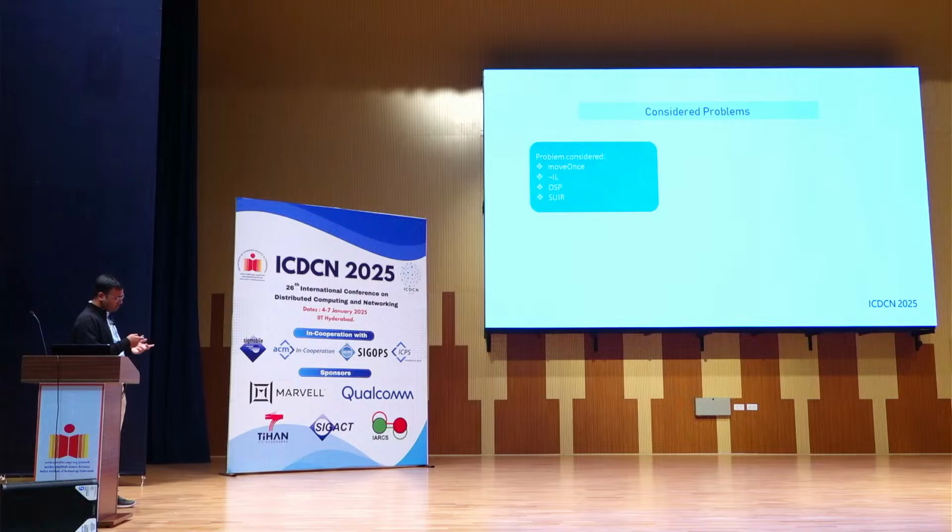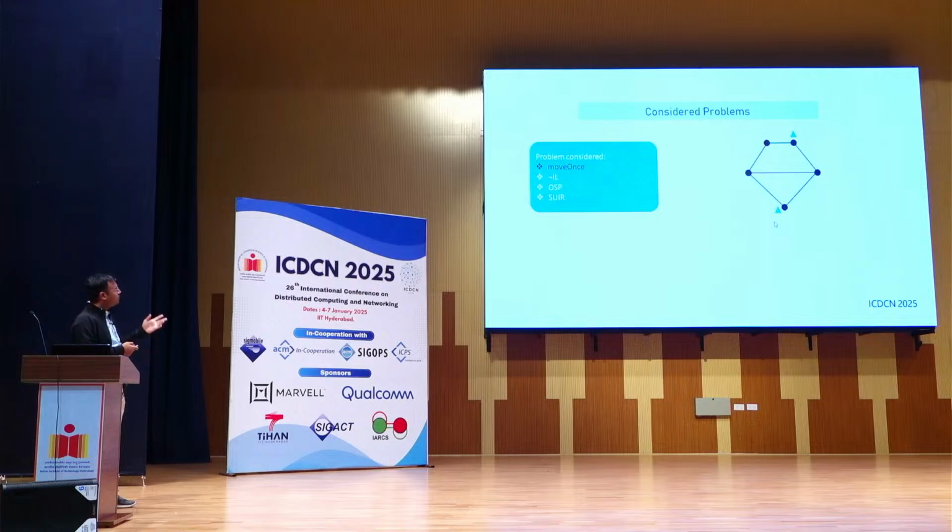Okay, so I will not talk of all the problems given the time. So just look at the first problem, the move-once problem. Here we have considered this 5-node graph where 2 robots are placed on these 2 nodes, and the problem asks this robot to move only once and settle down at this node and not move further. And this robot, the problem asks to stay still forever.